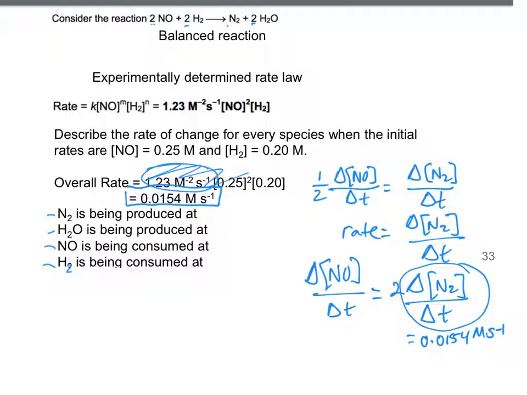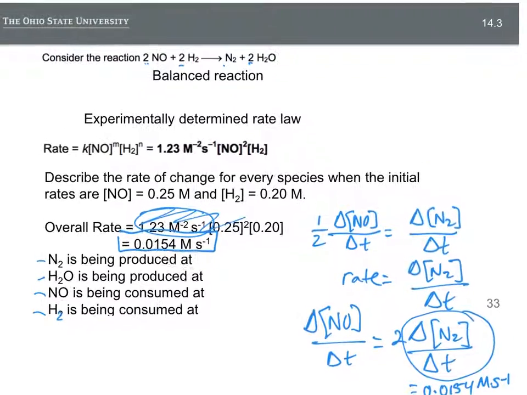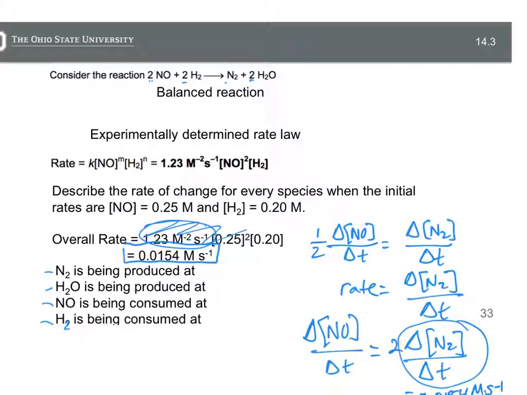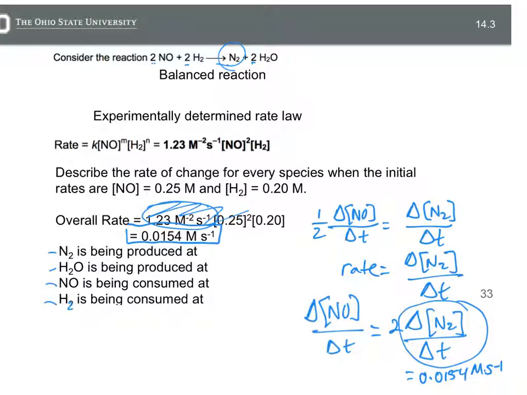And that's simply because of the stoichiometric coefficient up here. Okay. So we should find that NO is being consumed at 2 times 0.0154, which is 0.0308 moles per liter per second.